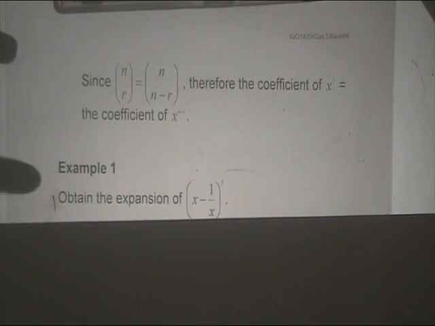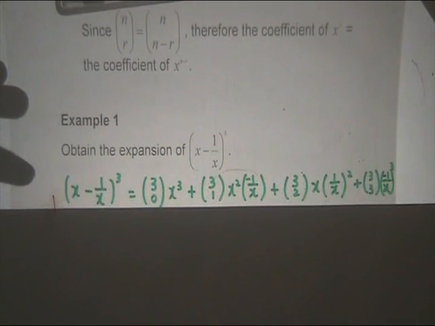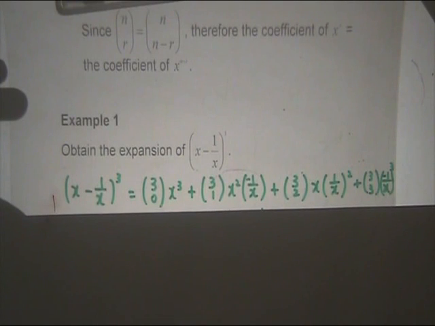Obtain the expansion of (x minus 1 over x) to the power of 3. At this point you may want to pause the video to try out this example on your own using the formula that you have learnt before. Again, the difference is that instead of using 3 choose 0, we use this bracket notation.